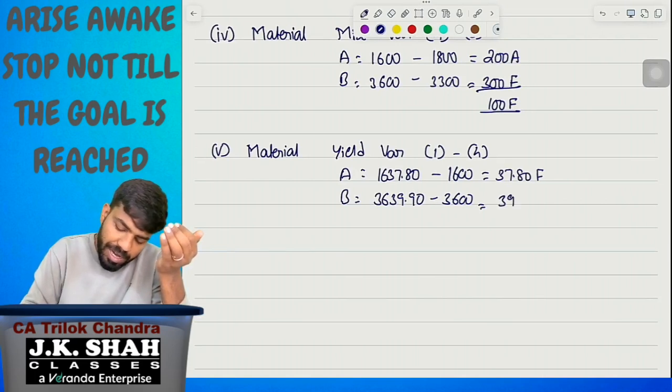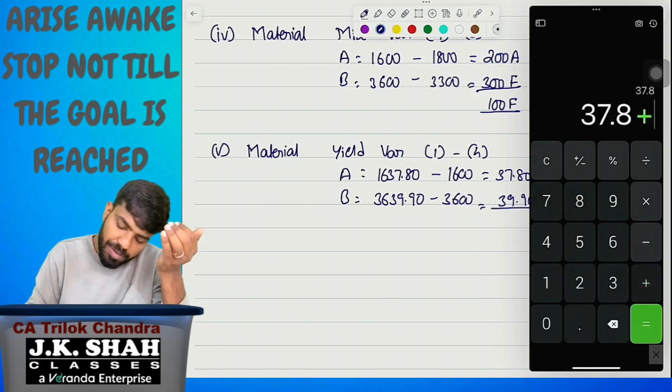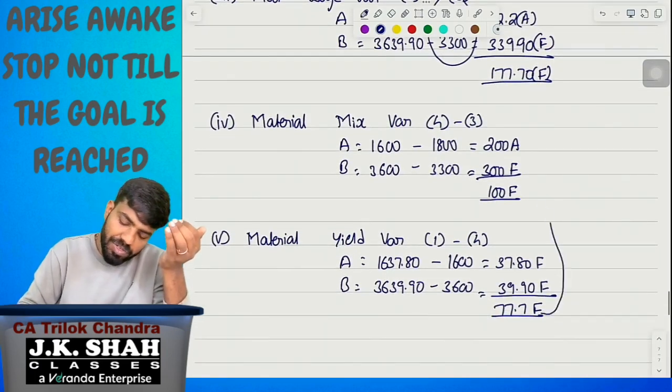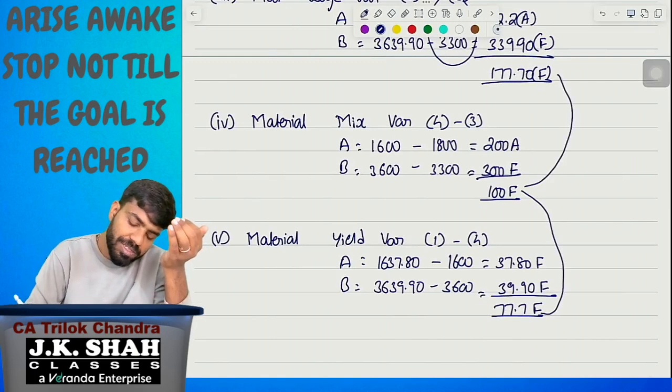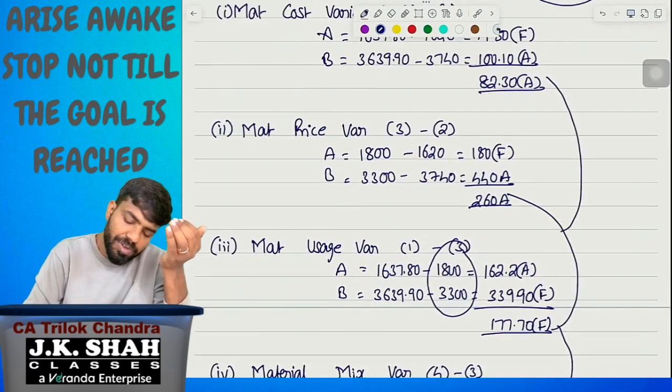For B, 3639.90 minus 3600 equals 39.90 favorable, again positive value. Total 37.8 plus 39.9 gives 77.7 favorable. If you add these two, that is equal to this.